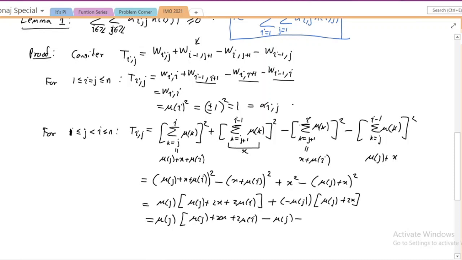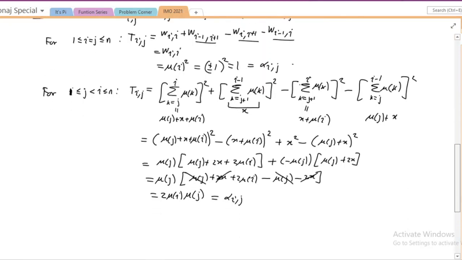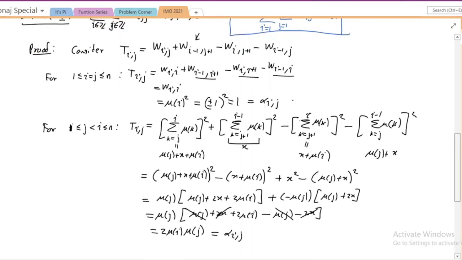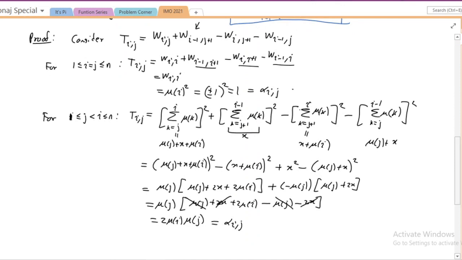So minus, go through, and then we have minus 2x as well, and some things would cancel. So this just gives us 2 mu i mu j, and this is also equal to alpha ij in that range. So these are the two important bits, and this is the important range.